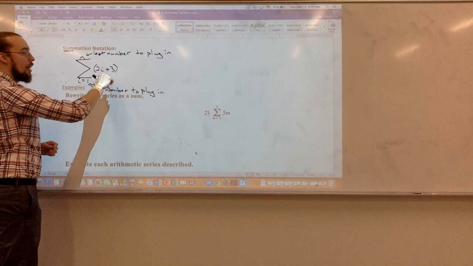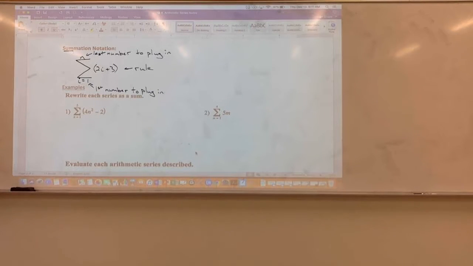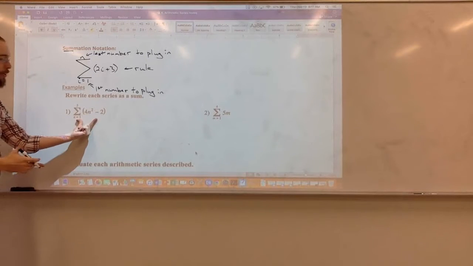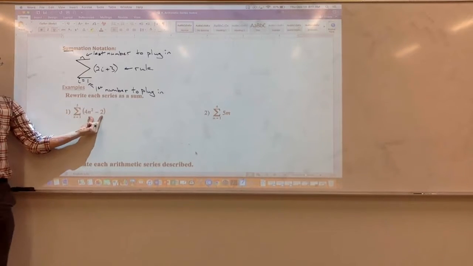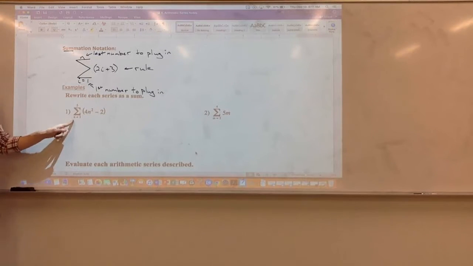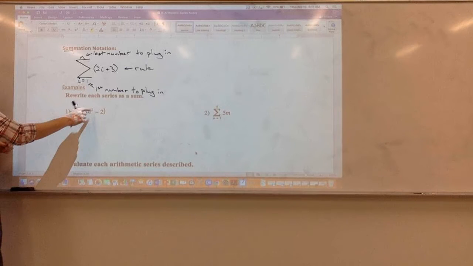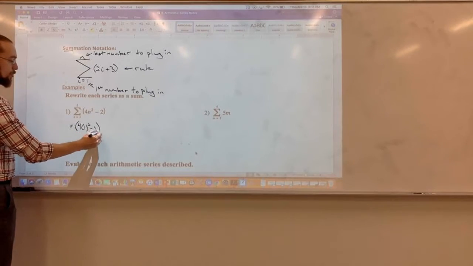And then this right here is our rule. So what this all means is that this is just a compact way of expressing a series. If I look at this first example, this is telling me I'm going to plug in every integer between 1 and 5 into this rule and then add all those numbers together. So plug 1 into this: 4 times 1 squared minus 2.